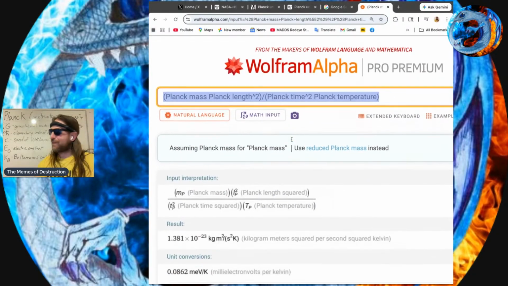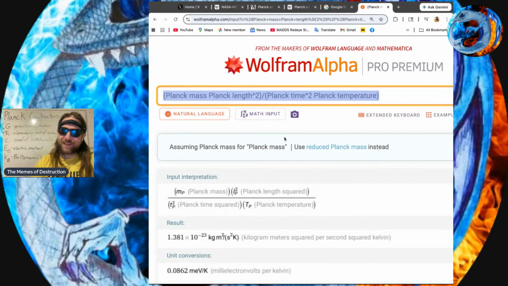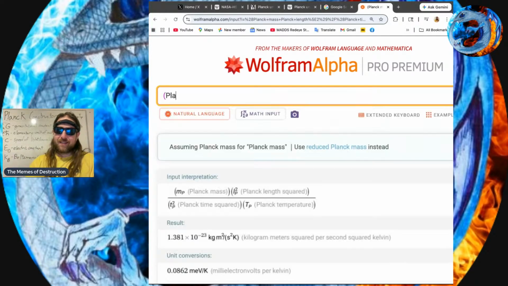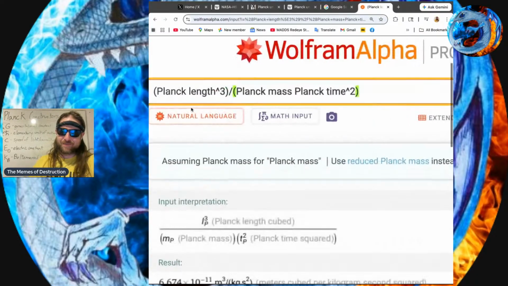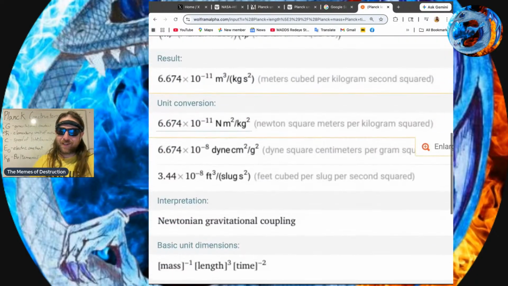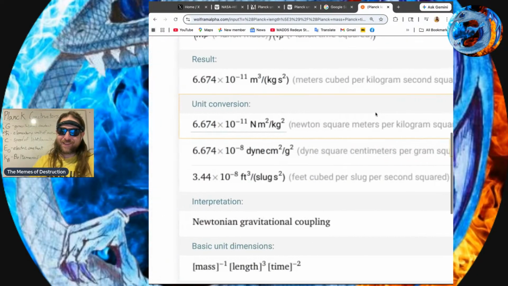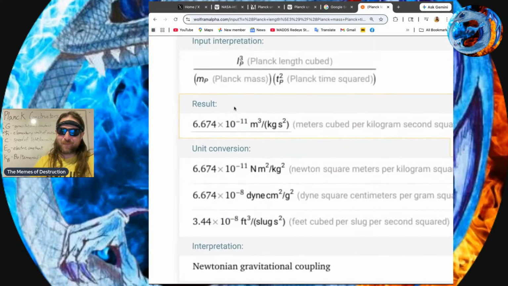So that's the same thing with these different constants. Just to go over, for gravity, script G is Planck length cubed divided by Planck mass times Planck time squared. Oh, look, it's the Newtonian gravitational constant.